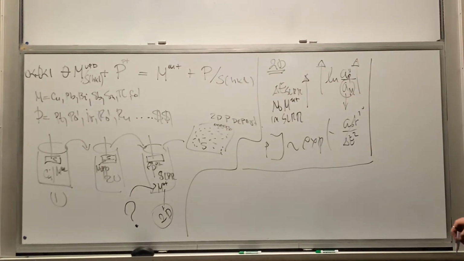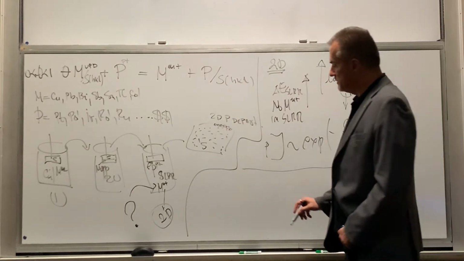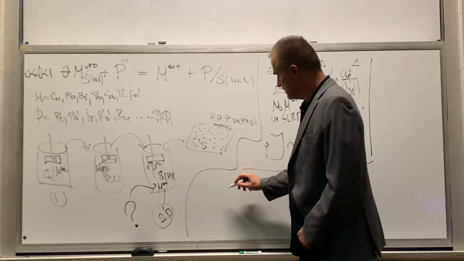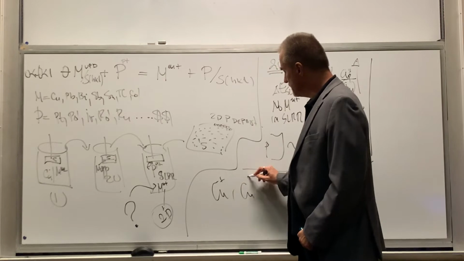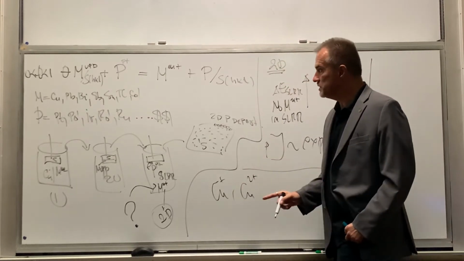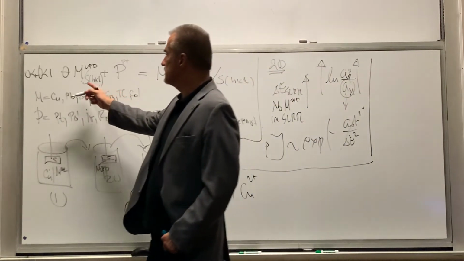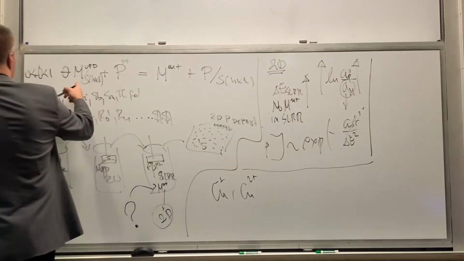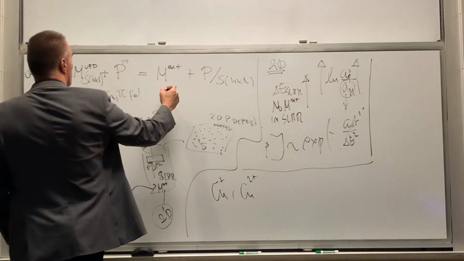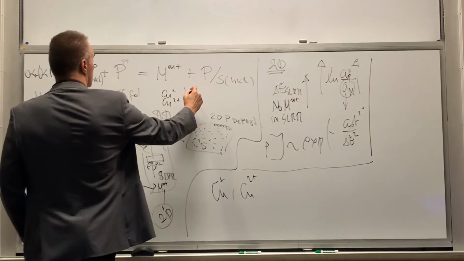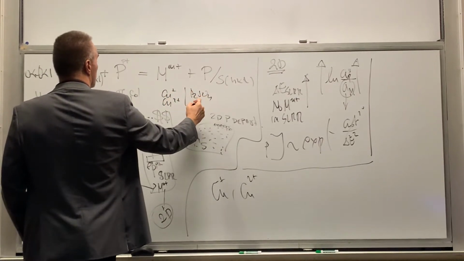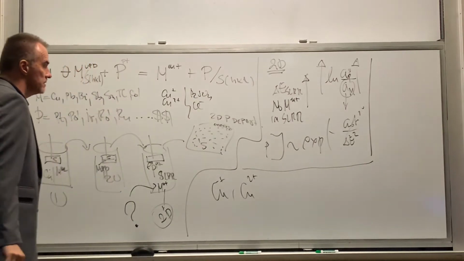Number 2 question mark is that when you compare the morphology of the deposit between copper 1 or copper 2 plus oxidation states, which means, in this particular reaction, if you have a copper UPD, it can go to copper plus or copper 2 plus, depending on what kind of anions you have, whether you have sulfuric acid or you have chlorine ions in the solution.